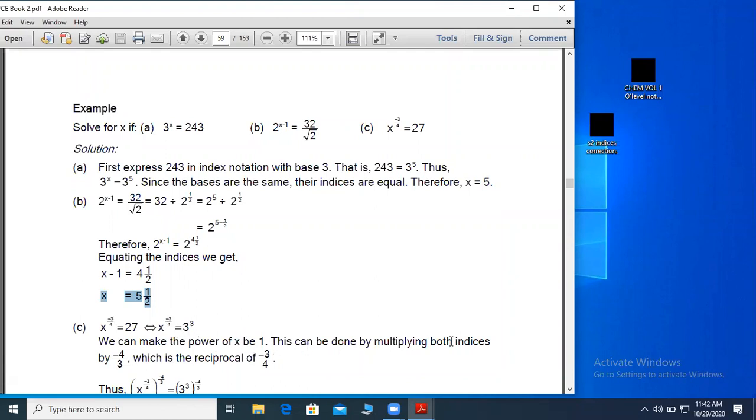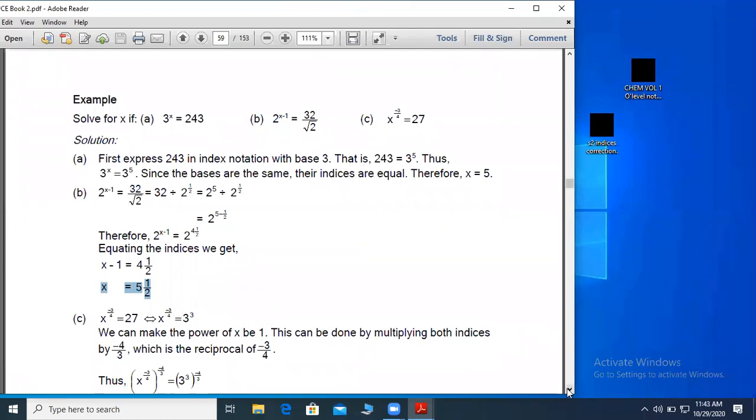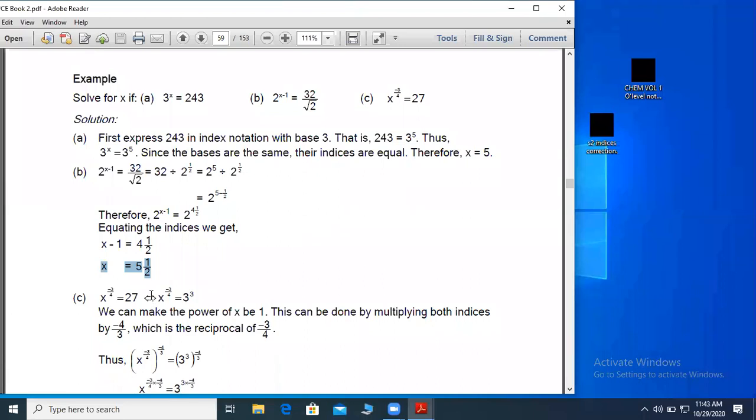This can be done by multiplying both sides by negative 4 over 3, which is the reciprocal of negative 3 over 4, which is this one here.